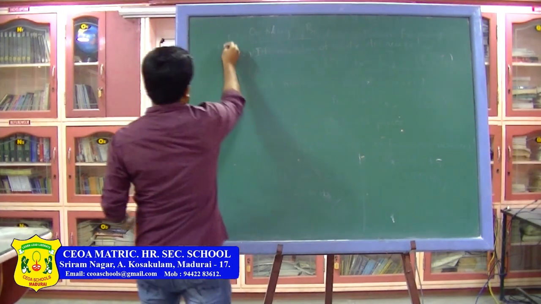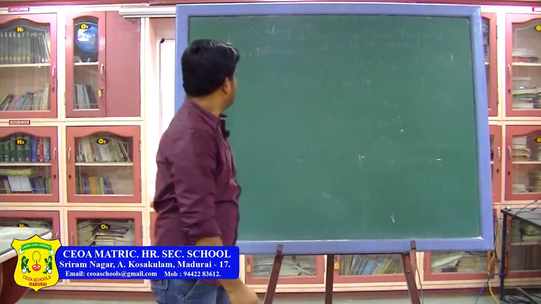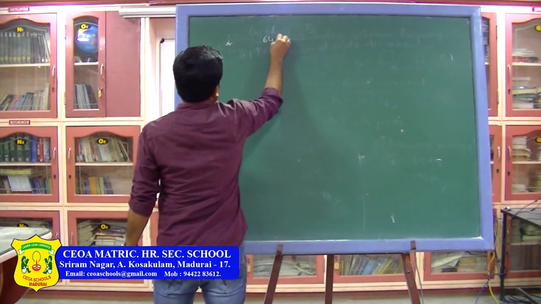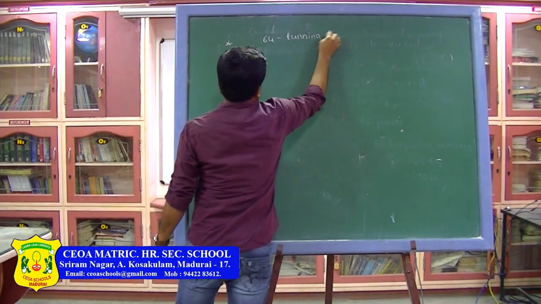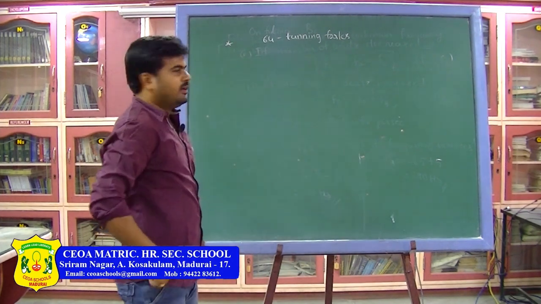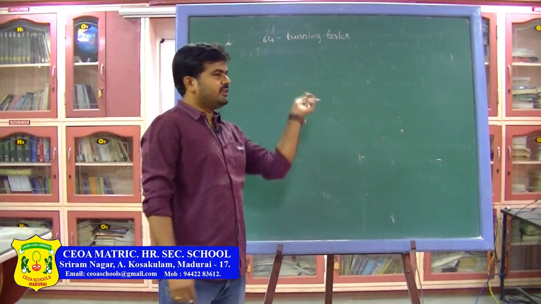So, the problem is: 64 tuning forks are arranged in a series, so that each produces 4 beats per second with the next one.